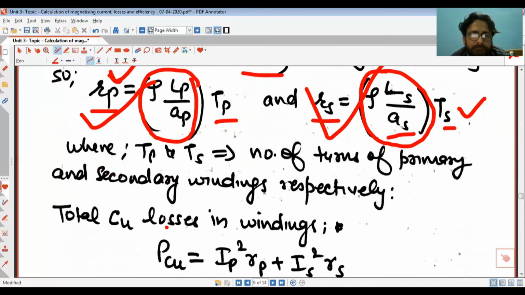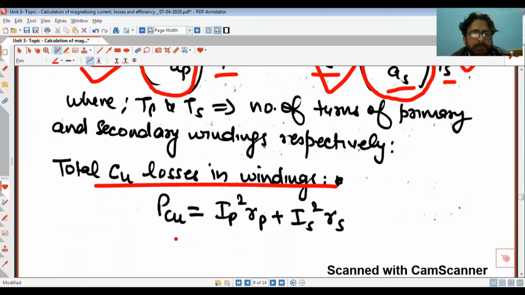Now the total copper losses by using these resistances. Since the copper losses are associated with the windings of the transformer, they are also known as winding losses, or I square R losses. So the total copper losses are equal to I square R losses of primary plus I square R losses of secondary.